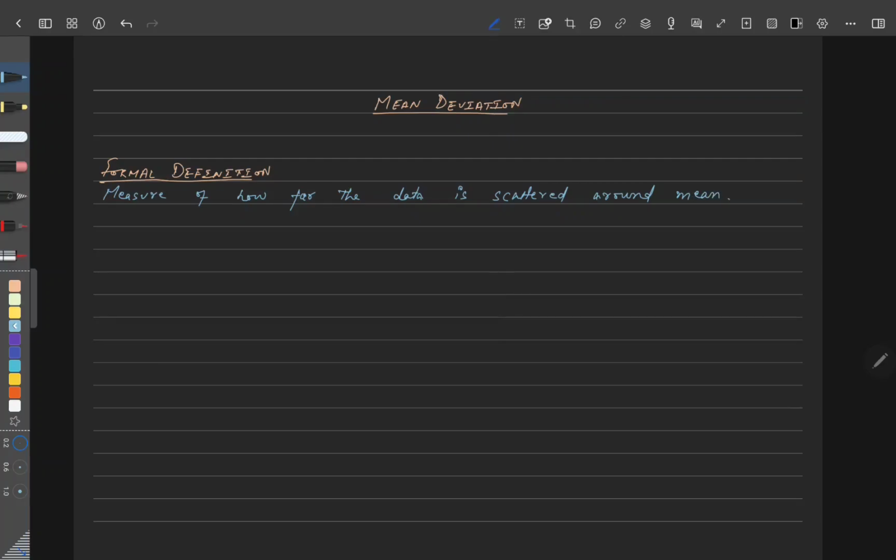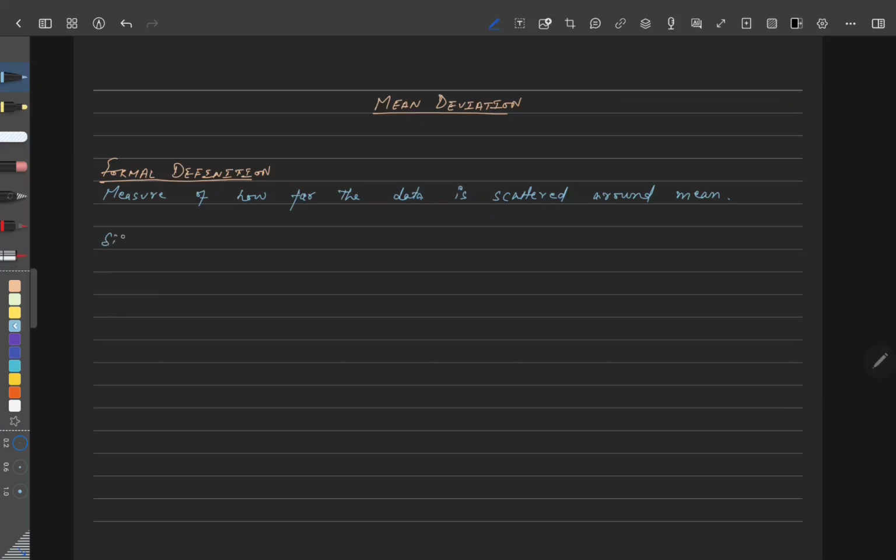So basically this is a single representative number which will tell you how scattered the data is around mean. Okay.